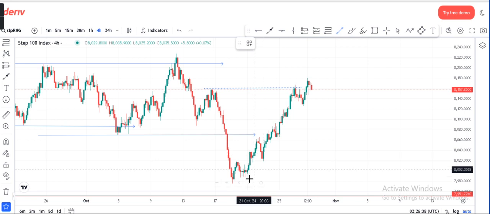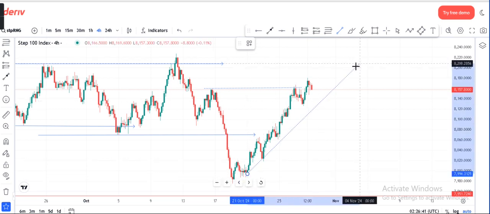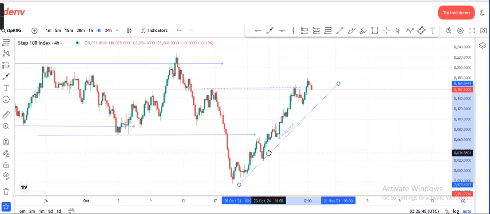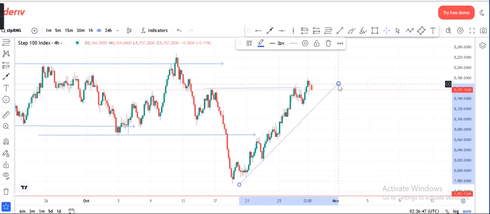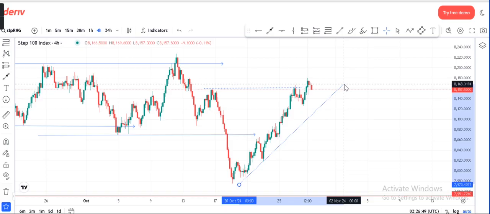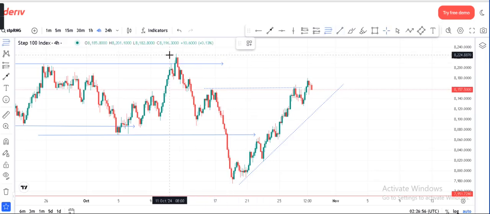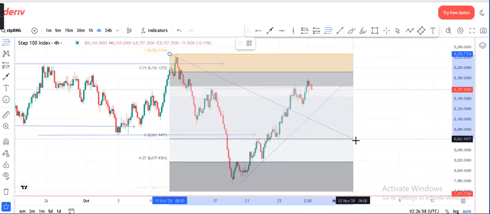Now, one thing we can clearly see is we have a trend line from this particular area to the upside, which I will show you clearly. So we have our trend line. This is something we love to see in the market at times. And then we have our liquidity grab.